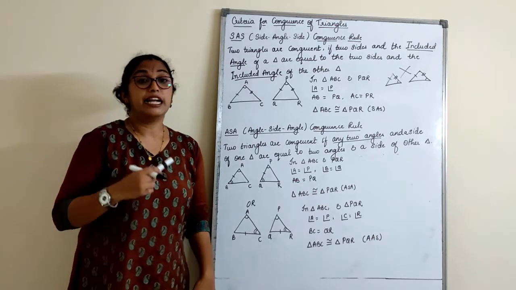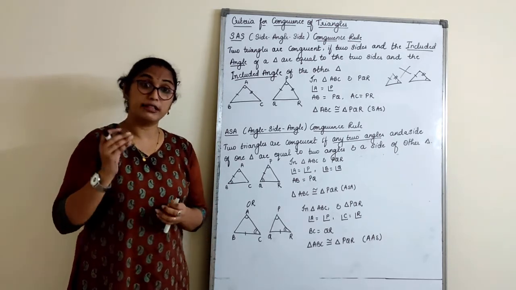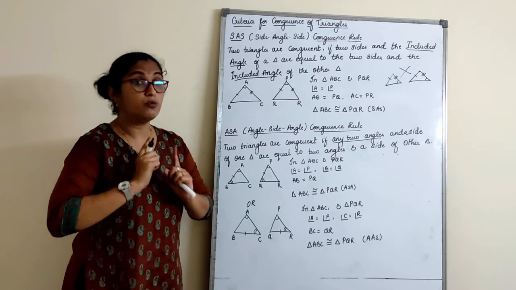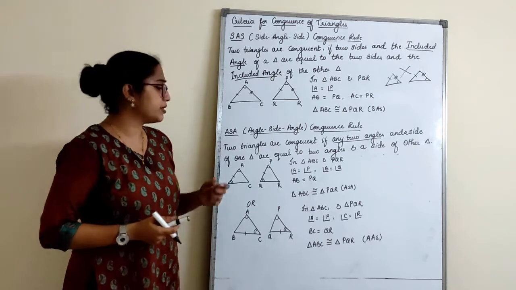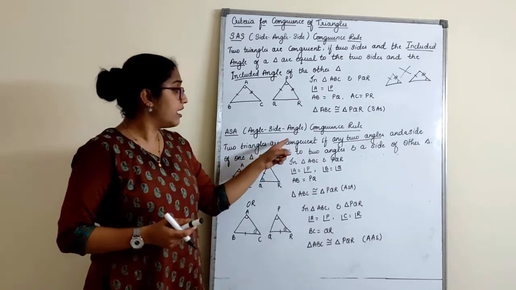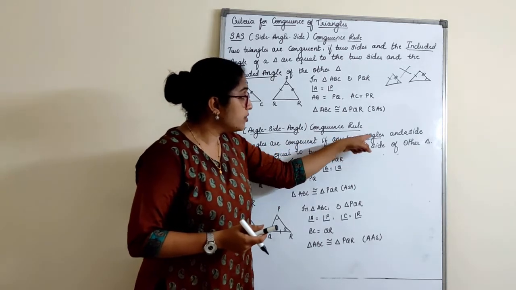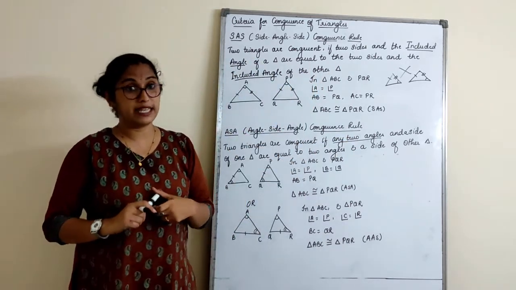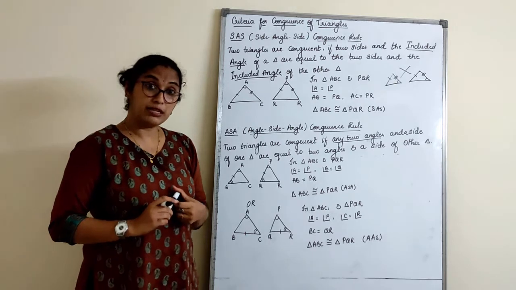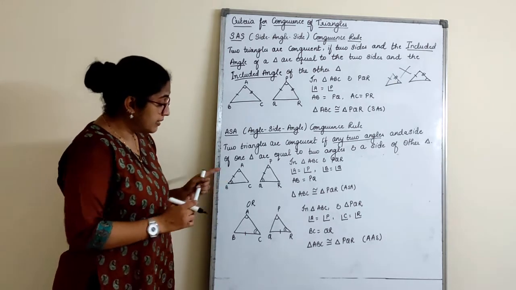Now the thing is, in your book, in some other books, what they have also given, I will tell you that, so that no more confusions are created. In some books, including your textbook, they have given: two triangles are congruent if any two angles and the included side are equal.